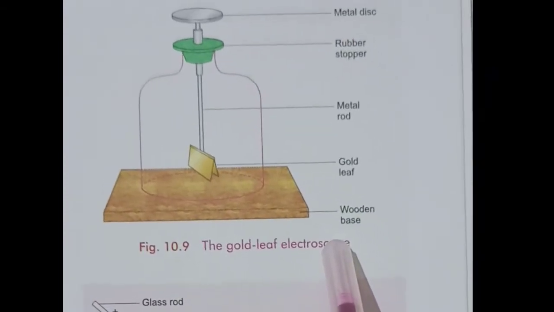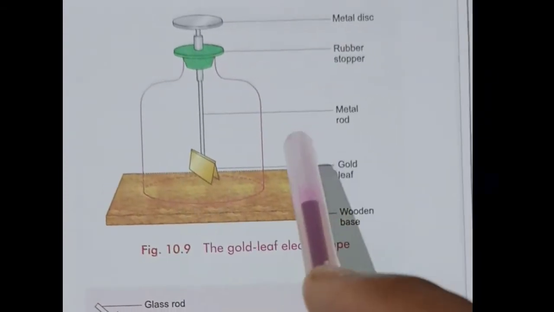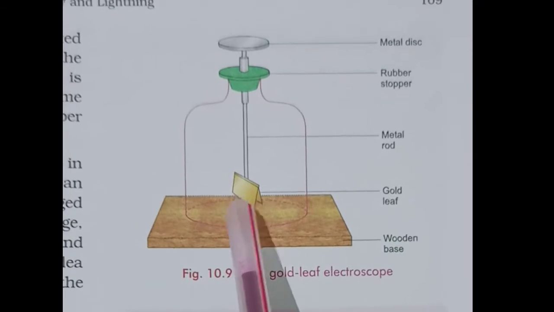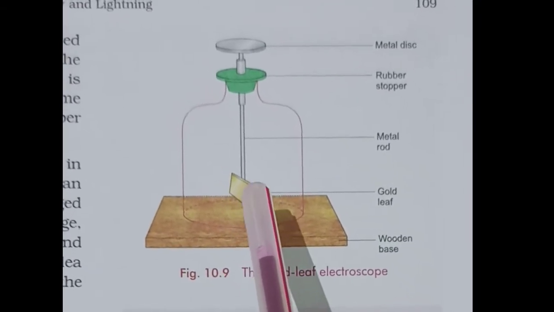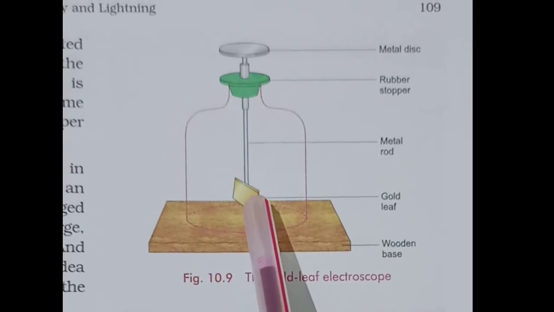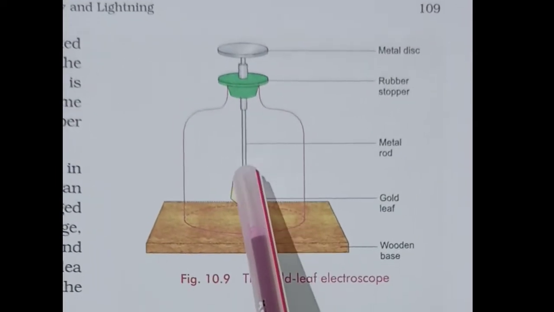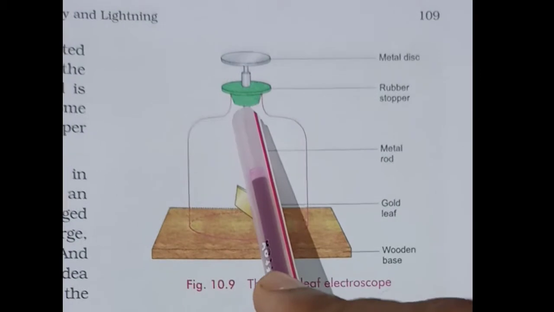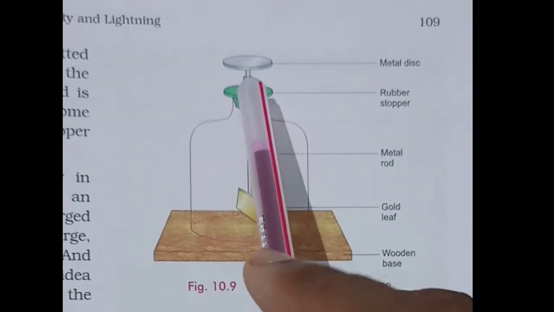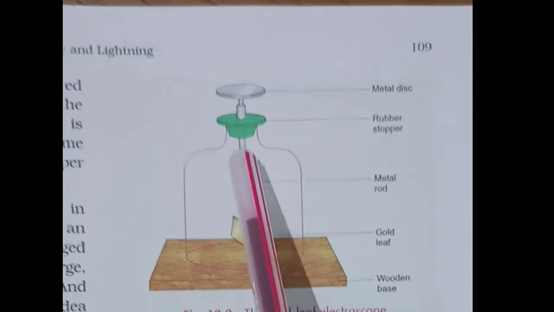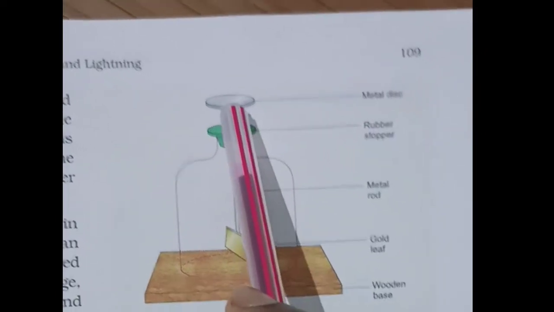As I told you, it consists of two thin strips, or leaves, made of gold, attached to a metal rod. This metal rod is passed through a rubber stopper which has a hole in it, and on the top of the metal rod there is a metal disc.